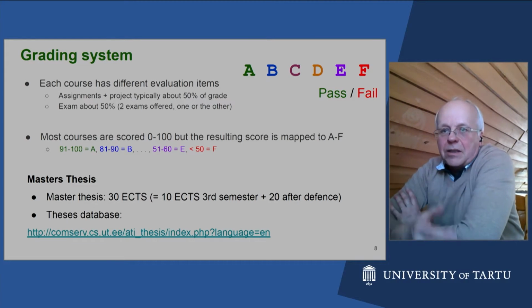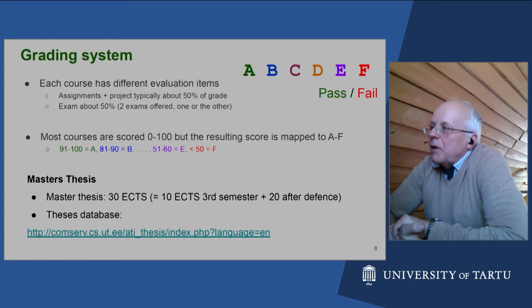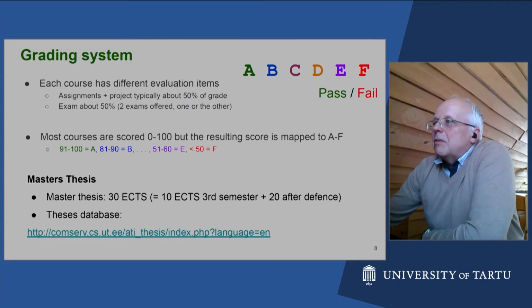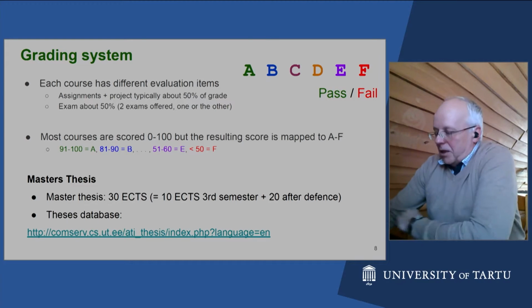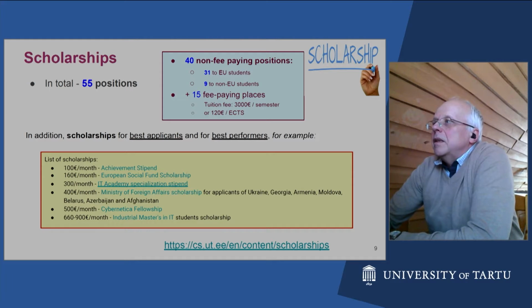But you can then start doing your thesis beforehand, and it's really good to get started. To have a look at what a thesis looks like at our institute, I suggest you look at our thesis database, where you see what themes our students have chosen and how this looks.